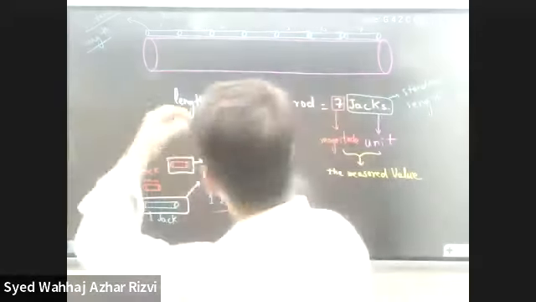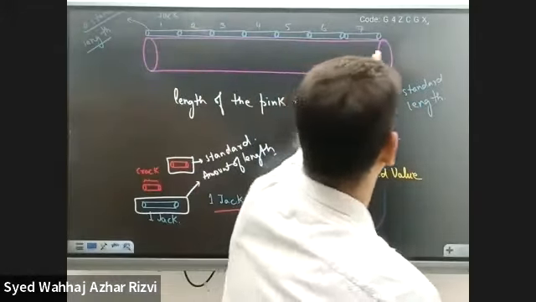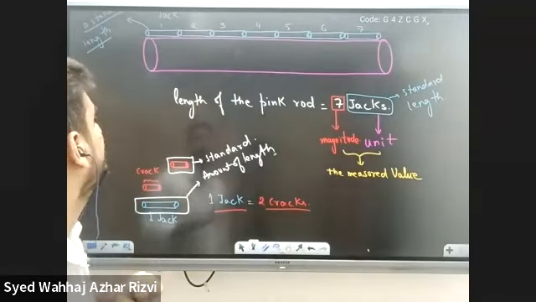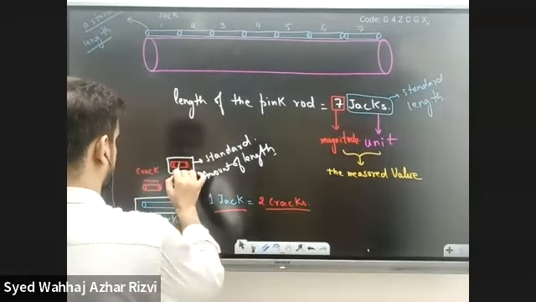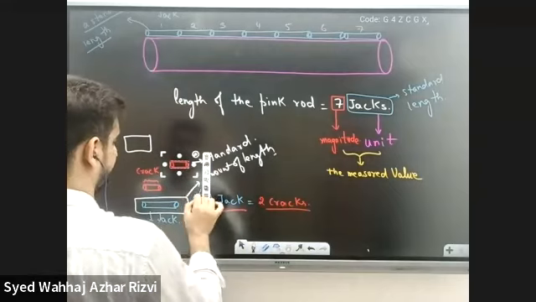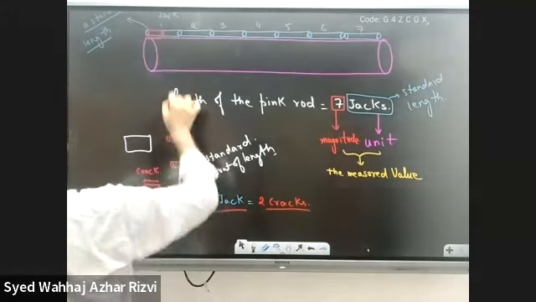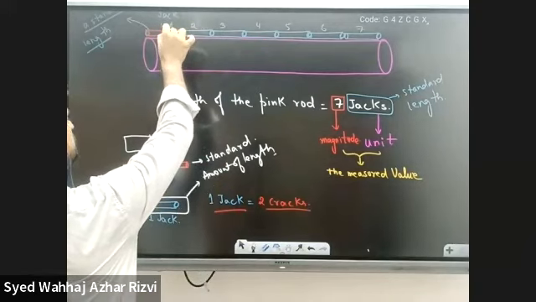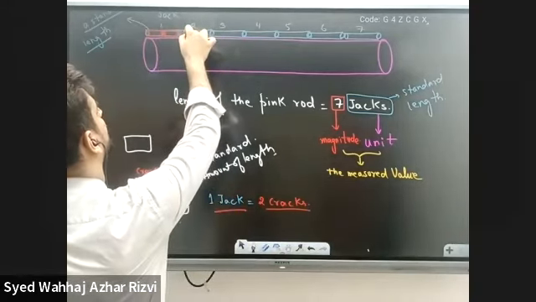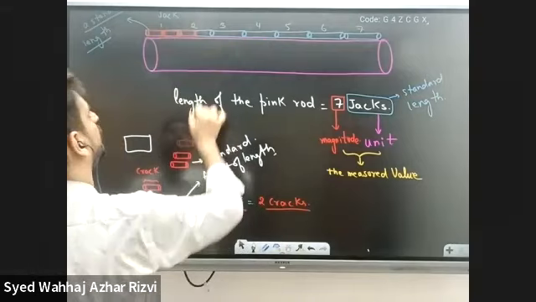Now we can measure this pink rod using the red one as well. How do we do that? We can do this by counting: 1 and 2, then 3, and then 4.